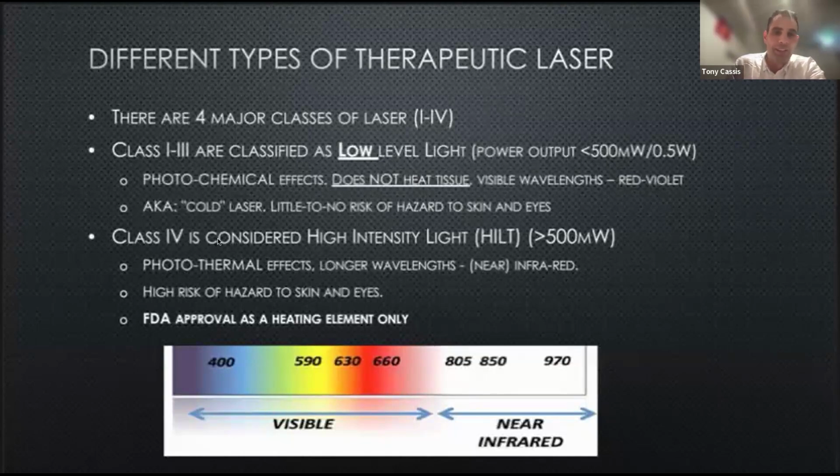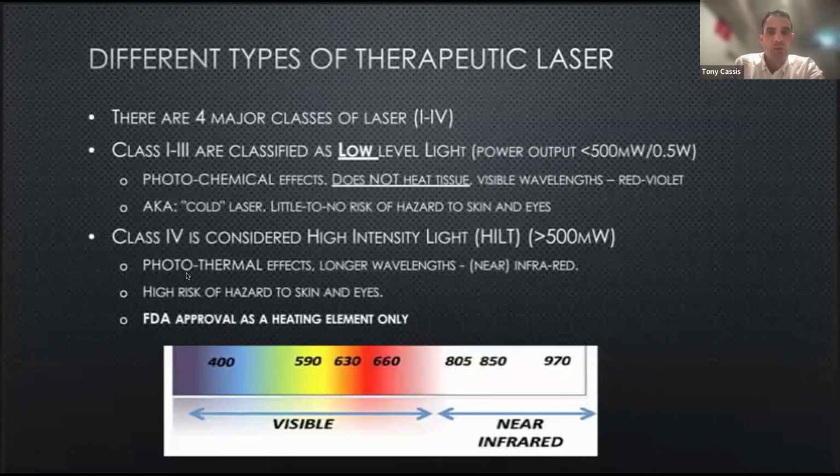Now, class 4, on the other hand, is considered high intensity, or HILT, high intensity laser therapy, which is anything above 500 milliwatts. There are lasers on the market that get up to 50 watts, not milliwatts, 50 watts. And as we'll see, sometimes that might be inappropriate depending on what you're trying to do.